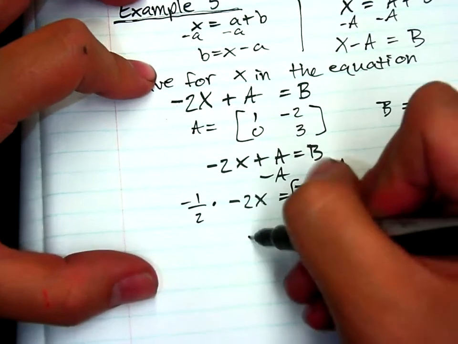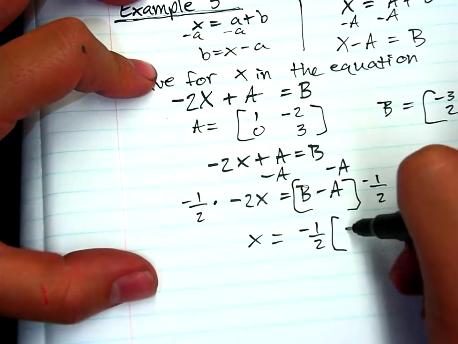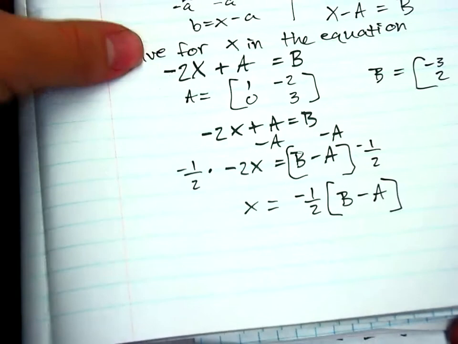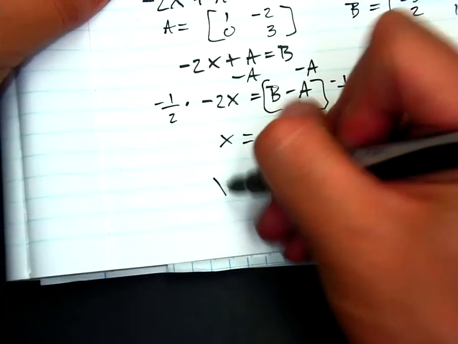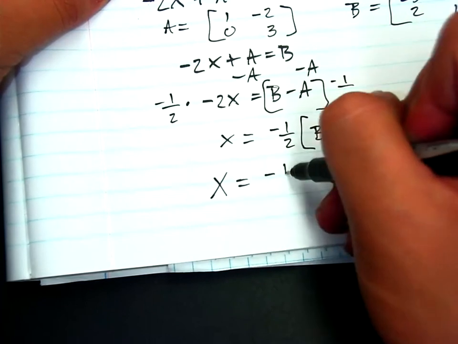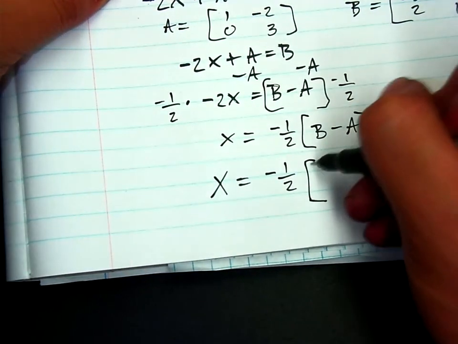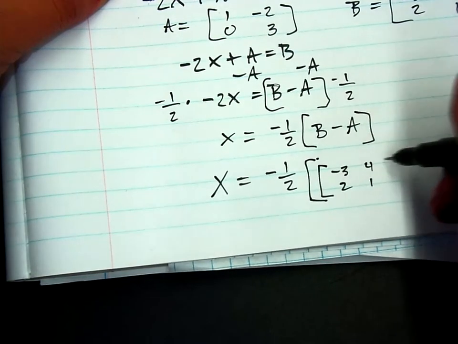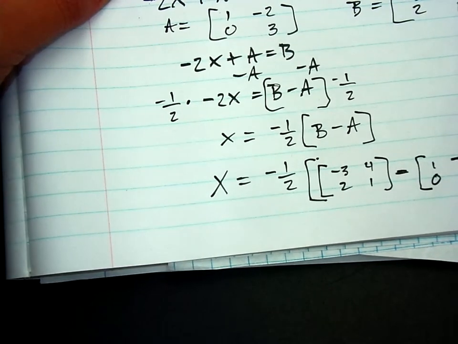Okay, so X is going to be equal to negative 1/2 times B minus A, where the matrix is B minus A. Okay, so at this point, I'm going to substitute in negative 1/2, and then we have, let's see, it's going to be a lot of brackets, negative 3, 4, 2, 1, minus 1, 0, negative 2, and 3.